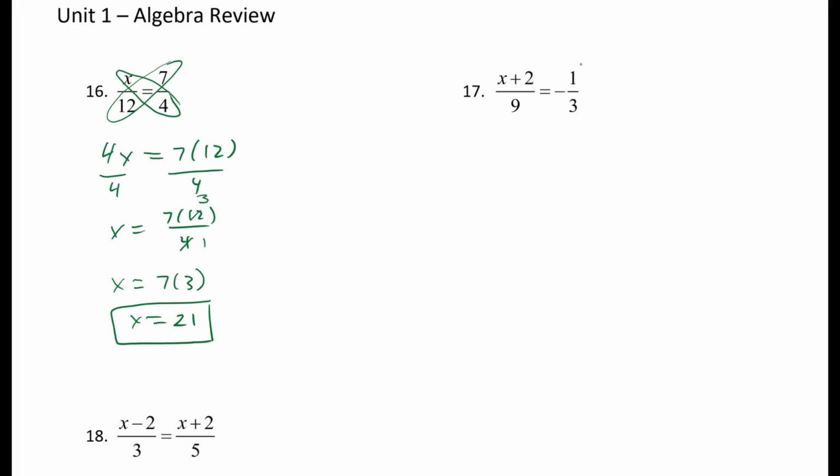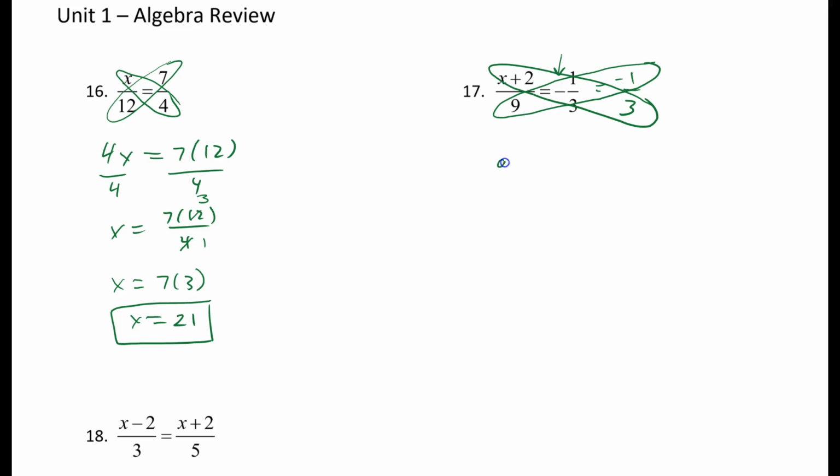Here, now the trick is when there's a negative sign, you got to make sure to put that negative on one of the numbers before we cross multiply. So I'm going to go ahead and rewrite this as -1/3, and then I'll do the cross multiply. Can't ignore that negative sign.